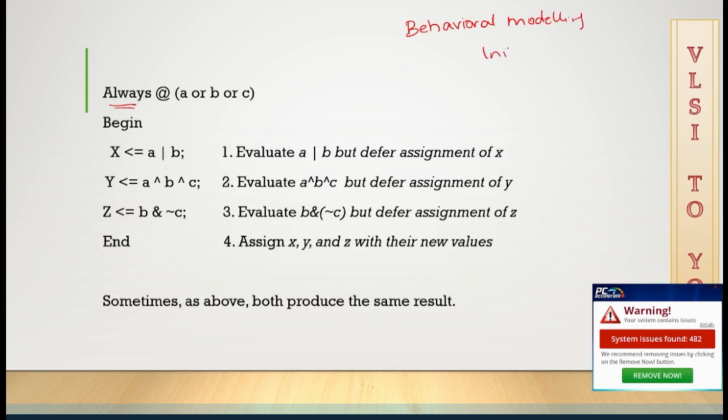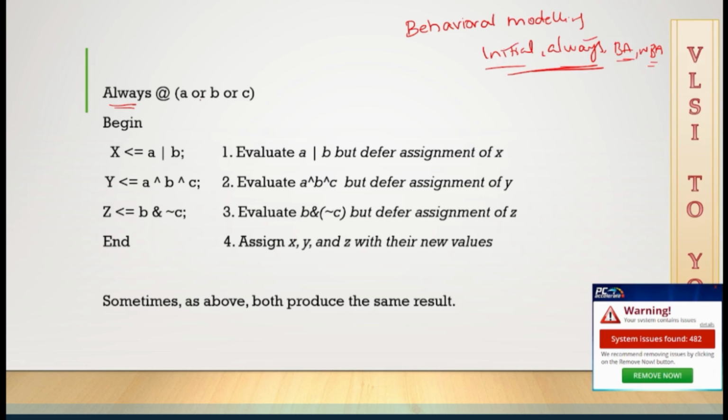In behavioral modeling you have the initial block, the always block, and then blocking assignments and non-blocking assignments. These are just basics. If you directly jump into blocking and non-blocking assignments, in some cases you can't understand what is happening. So first listen to what initial and always blocks are, and then come to blocking and non-blocking assignments. But if you know it, it is fine.